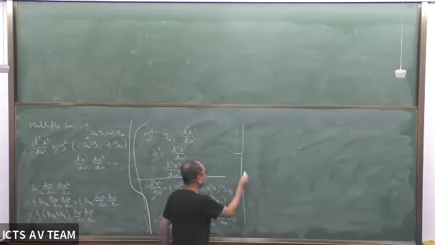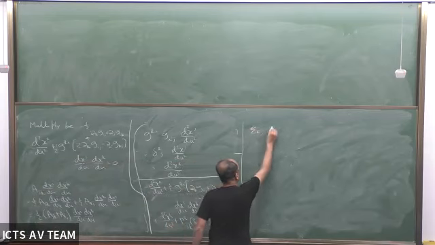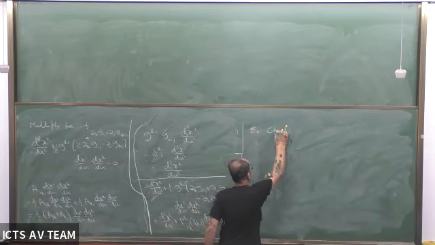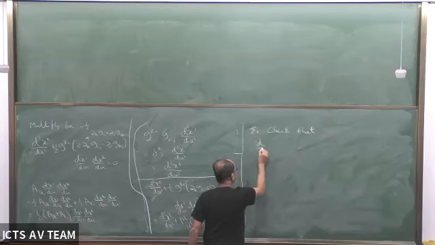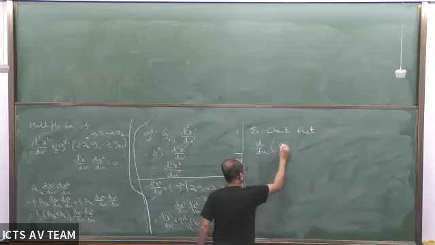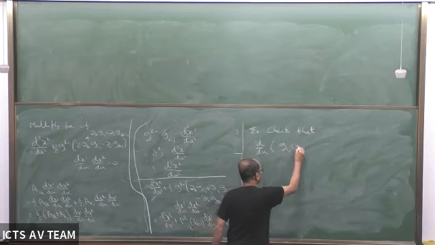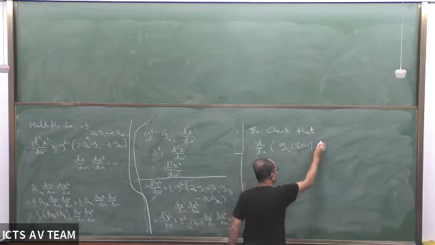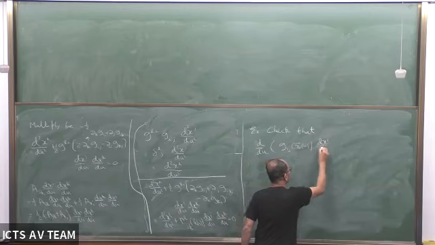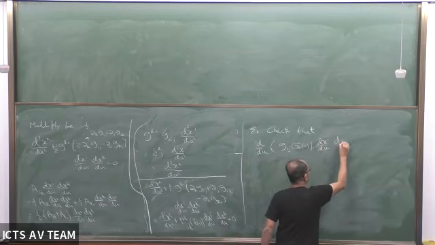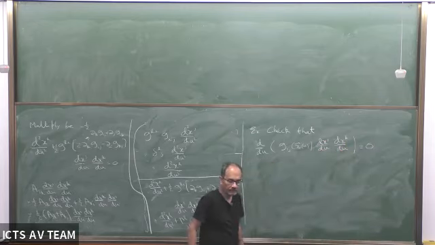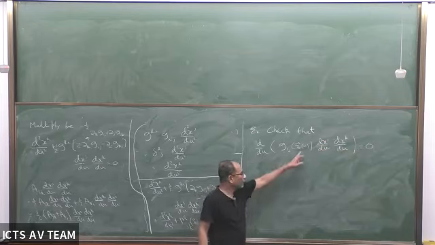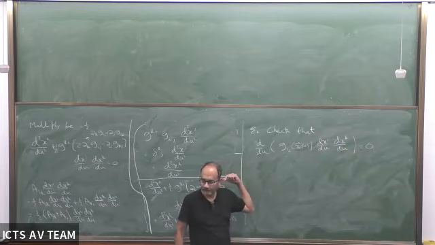So, exercise. First exercise: to check that d/du of g_ij(x) dx^i/du dx^j/du is zero. We assumed this to derive the geodesic equation.